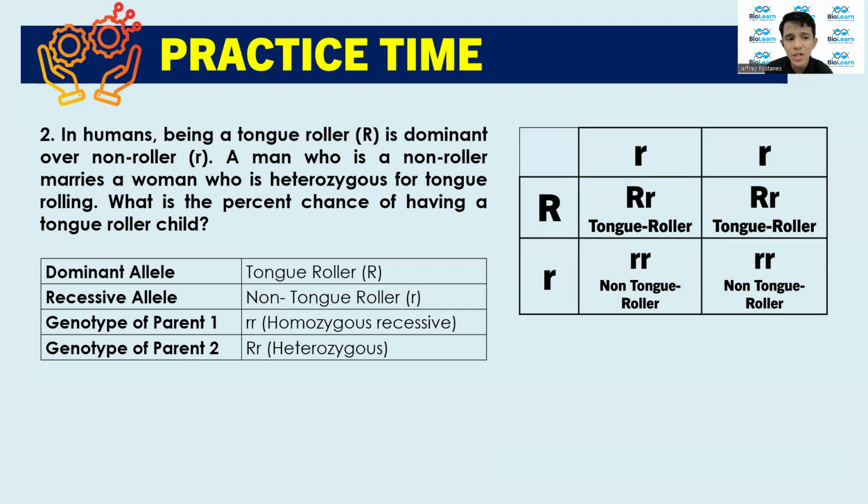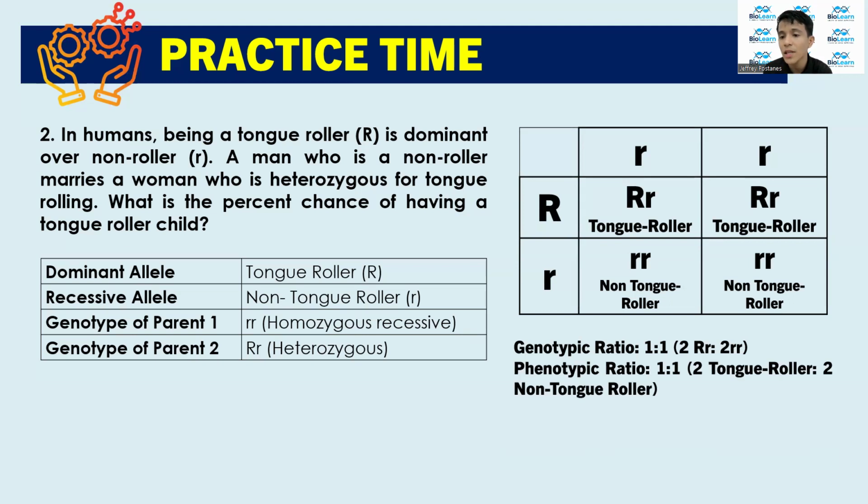So what is the percent chance of having a tongue roller child? Let's identify first the genotypic ratio, and that is 2:2 or 1:1, right? So you have 50% heterozygous, 50% homozygous recessive. And the phenotypic ratio is also 1:1 because you have 2 tongue roller and 2 non-tongue roller.